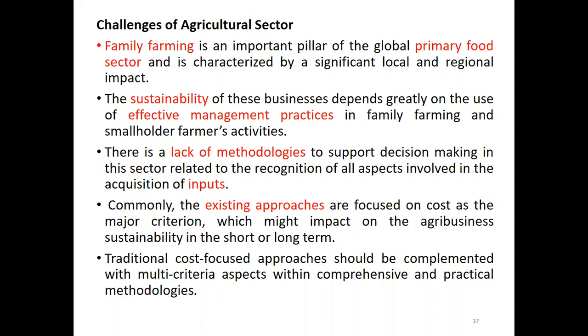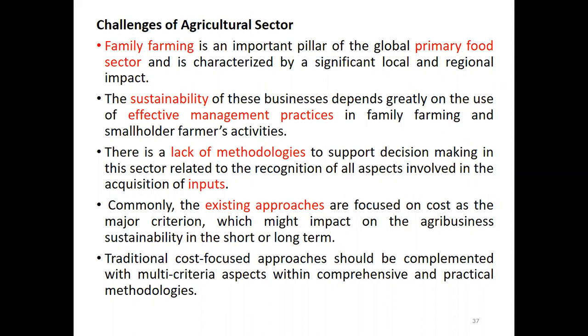Then commonly the existing approaches are focused on cost as the major criterion, which might impact agribusiness sustainability in the short term and long term. The existing approaches, we have to understand the challenges and adopt some new technologies, due to which I can save my cost of production and I will get a certain margin.